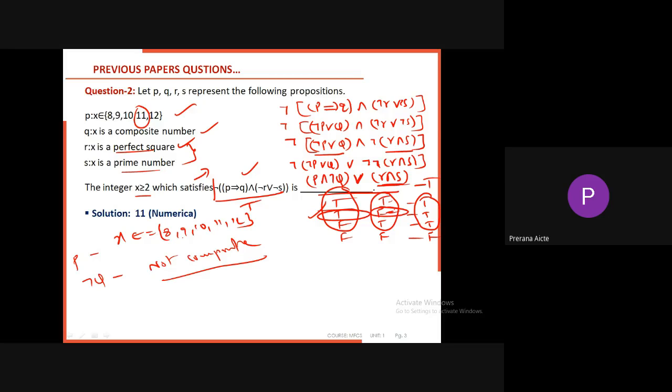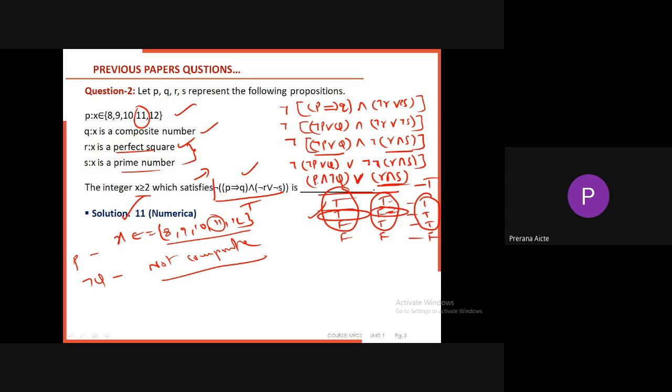Now observe this particular example here. This 11 is the number which will satisfy this particular rule. So finally we got 11 as the result. And coming to R and S, it becomes false, that means it is not possible to get that. So 11 becomes the result that we need to derive.